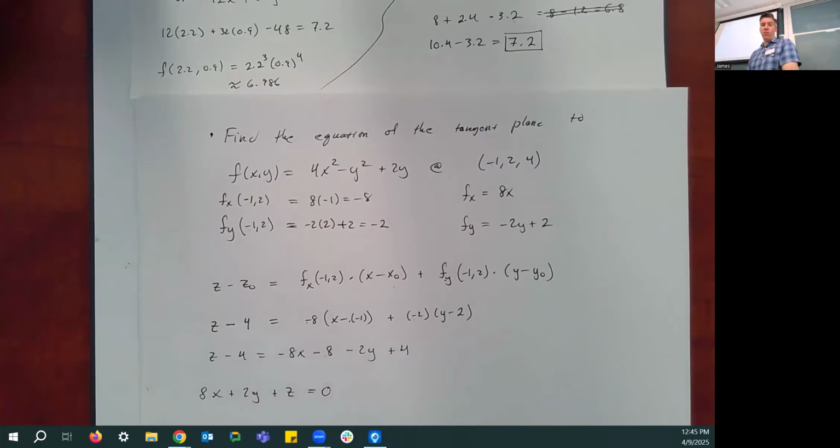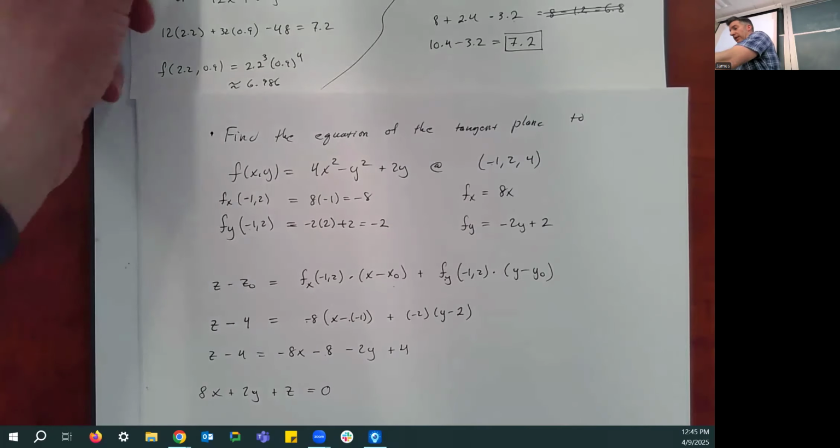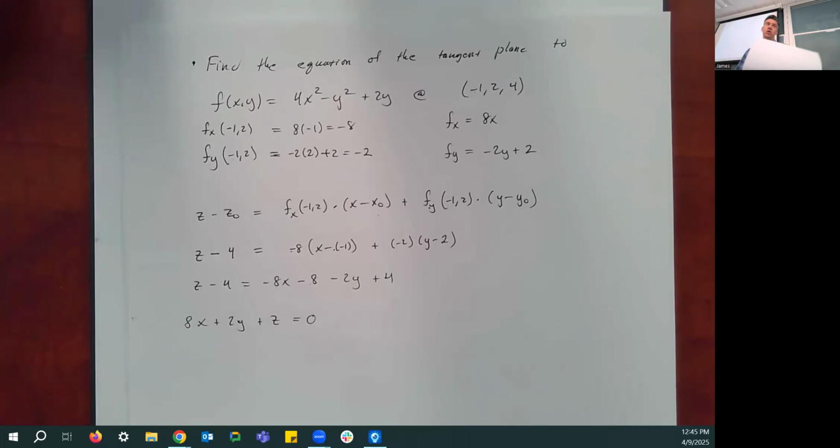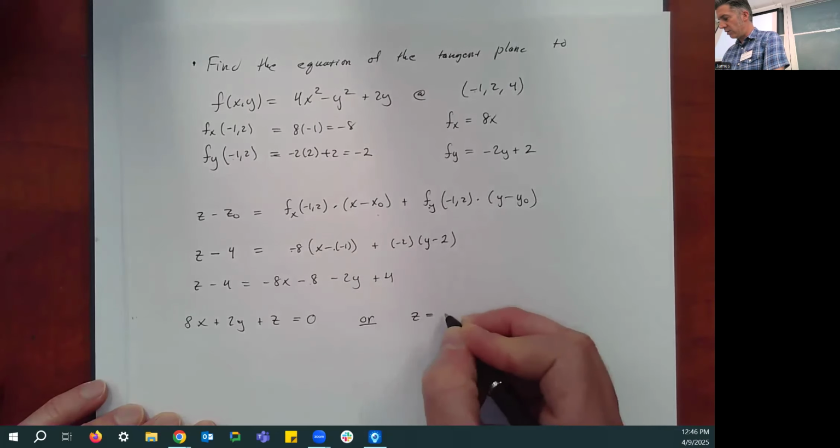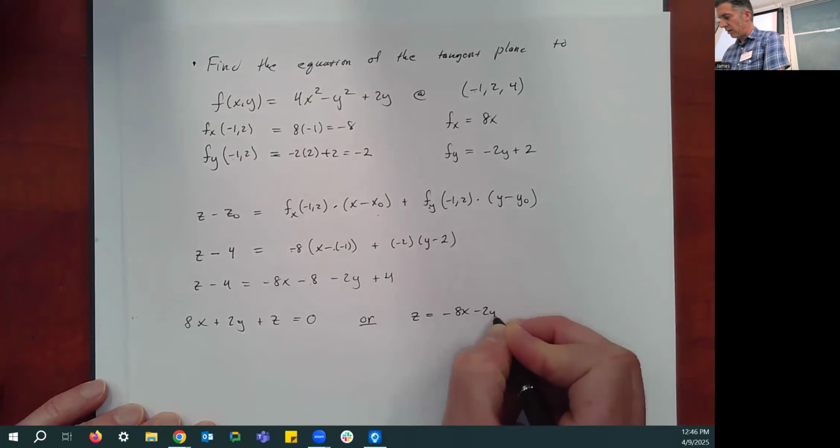So that's probably how I'd write the equation of the tangent plane as opposed to the linearization. And you can kind of go either way. I personally like to write it this way because it feels more natural to me, but some people prefer to isolate z. So you can write it like this. Another perfectly good way would be to write it as z equal to negative 8x minus 2y.